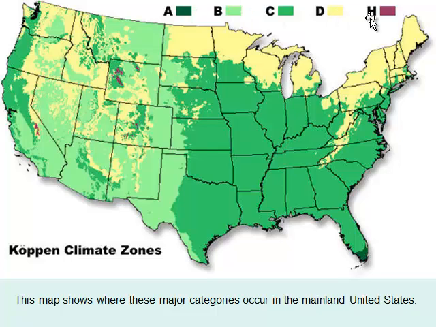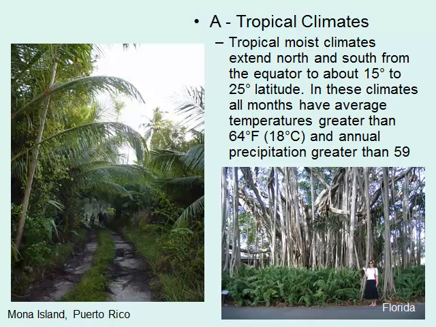So what do these different letters mean, and what do they indicate? By looking at this map, you can kind of get an idea as to what those represent. But if we go into some detail, A, that dark green area in the tip of Florida, would be a tropical climate. So these are parts of Florida and then Puerto Rico. You have tropical, wet climates that extend north and south from the equator to about 15 to 25 degrees in latitude.